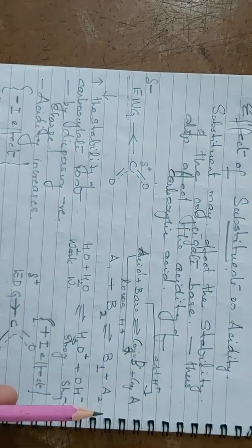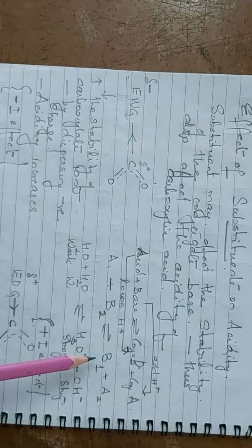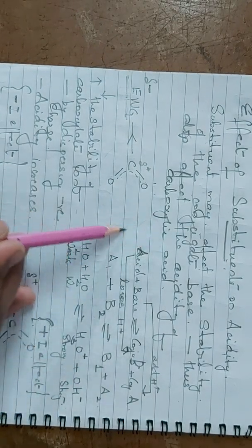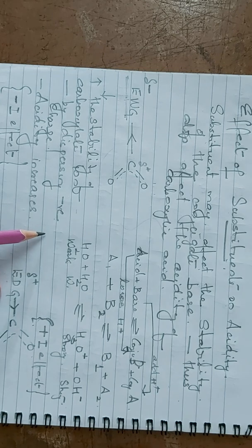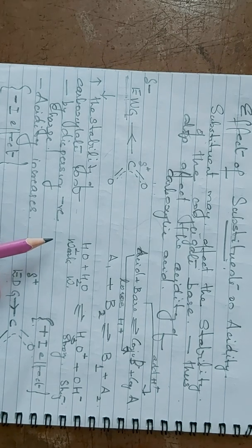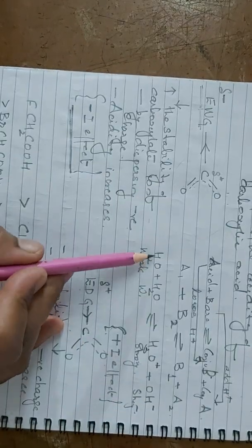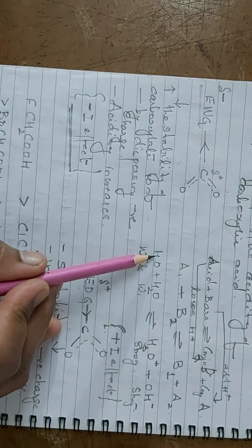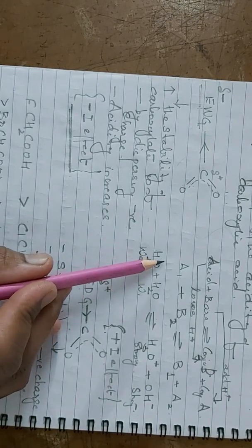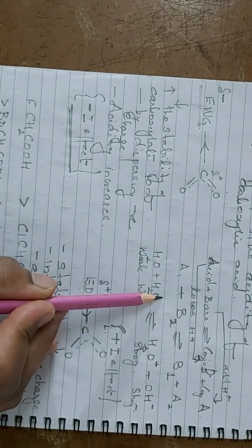I hope you remember the concept of conjugate base, which you learned in your ionic equilibrium topic in your 11th standard, with maybe some continuation in your 12th standard physical chemistry. If you consider two water molecules, one water molecule is acting as an acid and the other as a base.